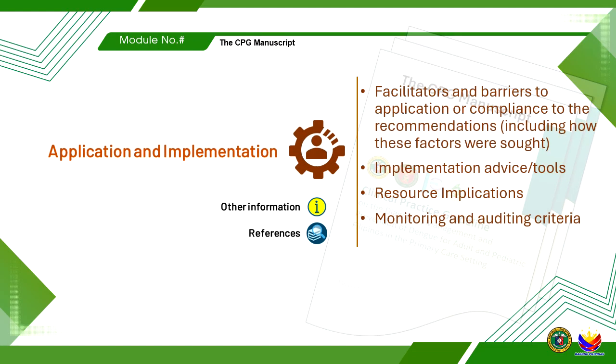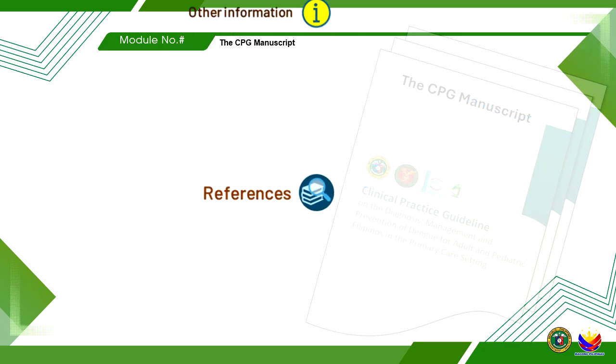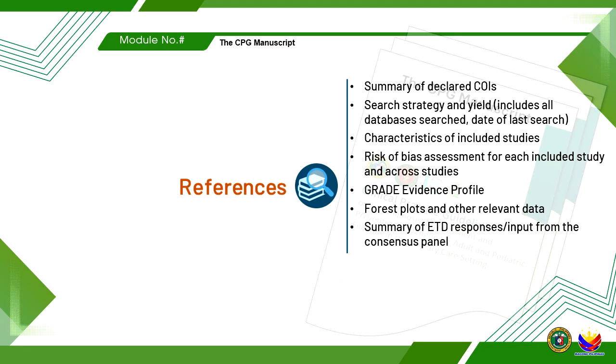In the Application and Implementation section, facilitators and barriers to application or compliance to the recommendations, including how these factors were sought, implementation advice/tools, resource implications, and monitoring and auditing criteria are discussed. Access, where and how the CPG and its appendices may be accessed, recommendations for future research, gaps in evidence, suggestions, limitations of the guideline, updating procedure, are described in the Other Information section of the manuscript. Finally, the reference section. The contents of this section are on your screen.